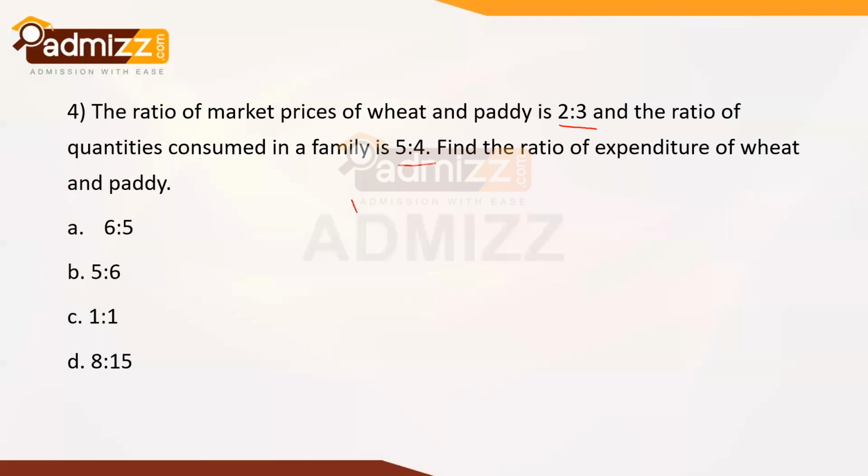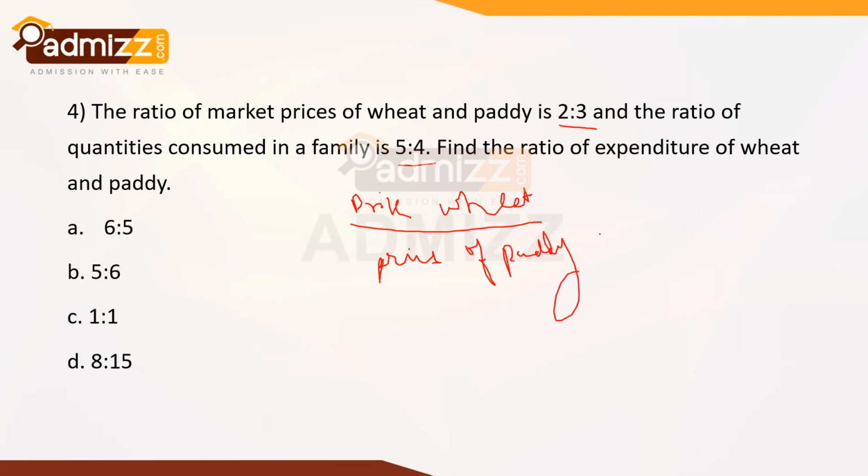So, price of wheat by price of paddy is equal to 2/3. Let this be the first equation.